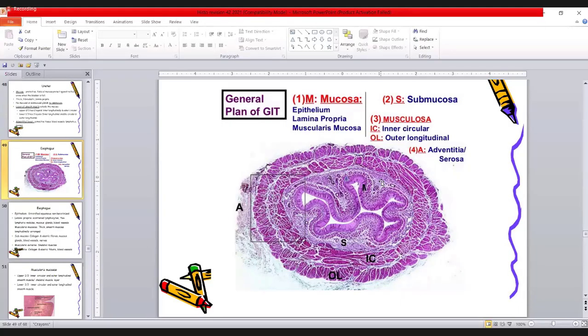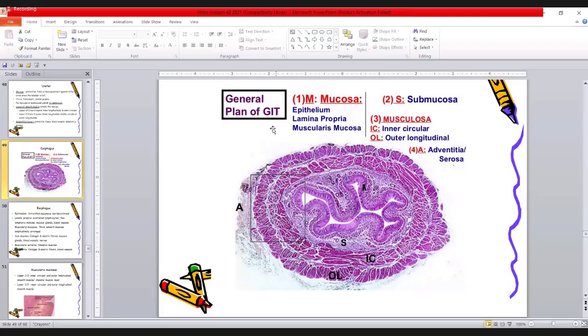We have a few more minutes remaining, so quickly tell the other features. What is the substance that gives rise to this foamy appearance?